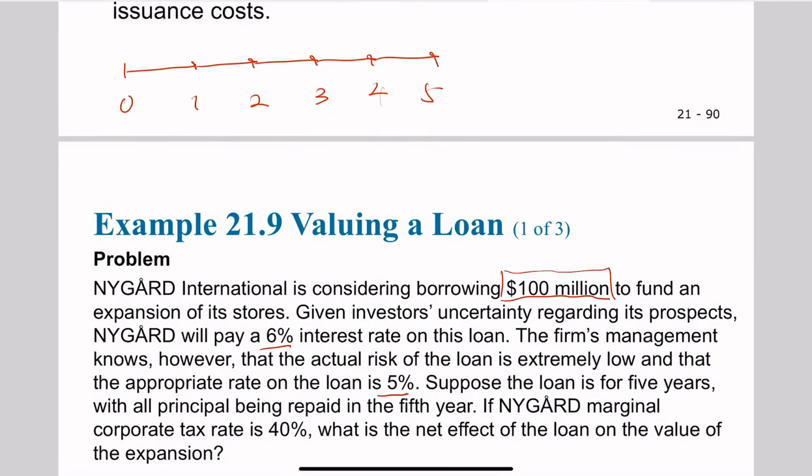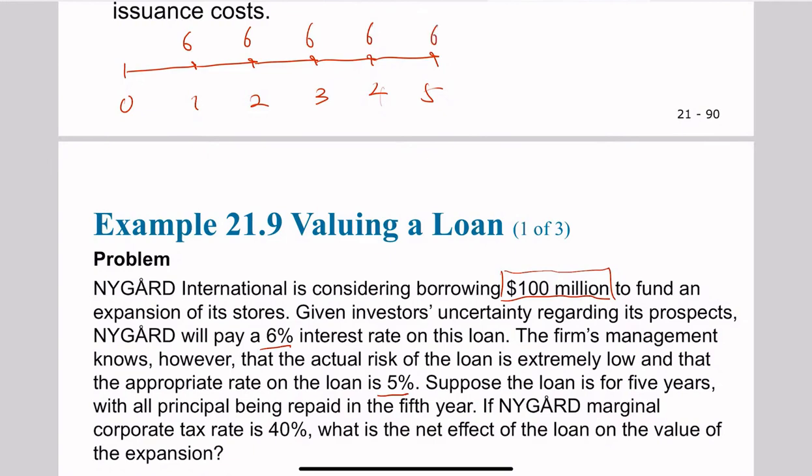So basically you can see that now we can find the cash flow of this bank loan. At the end of the first year, the firm has to pay the interest rate on $100 million, right? So the cash flow here is $6 million. And the firm will continue to pay these interest payments at the end of each year.